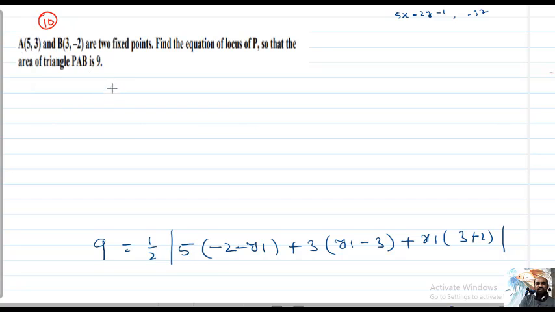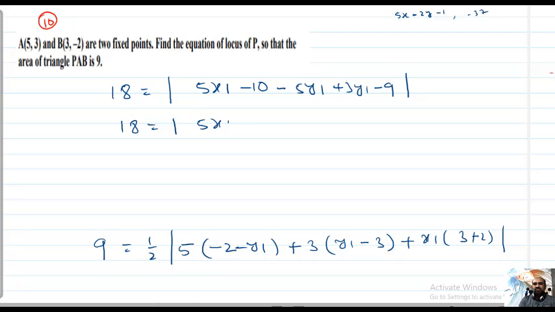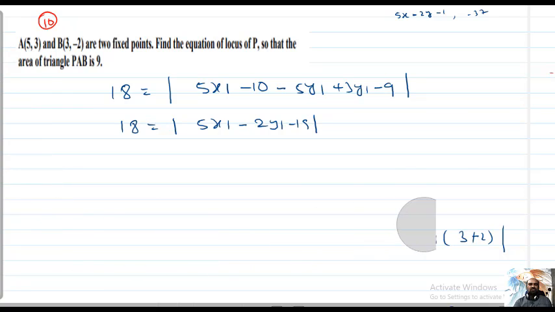So this is nothing but 18 equal to modulus of 3 plus 2 5x1, here minus 10 minus 5y1 plus 3y1 minus 9, or 18 equal to modulus of 5x1 minus 2y1 minus 19. Okay students, now I want to open the modulus. Actually you need to square on the other side, that is one of the methods, or directly you can write plus or minus.